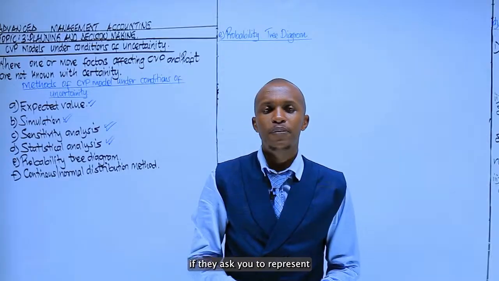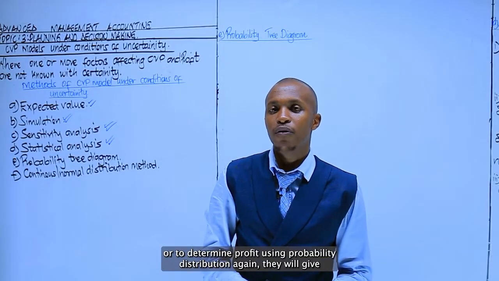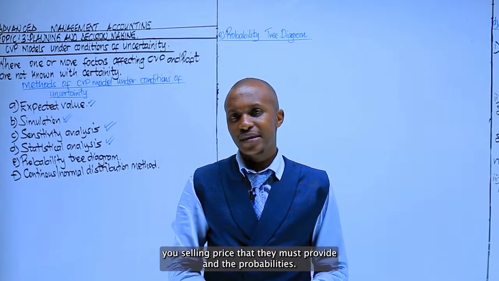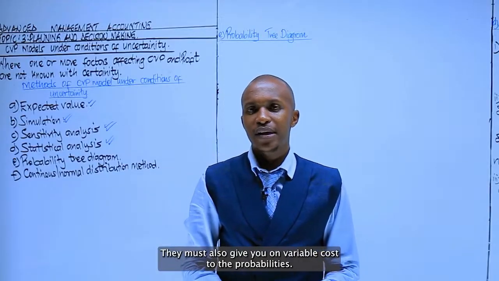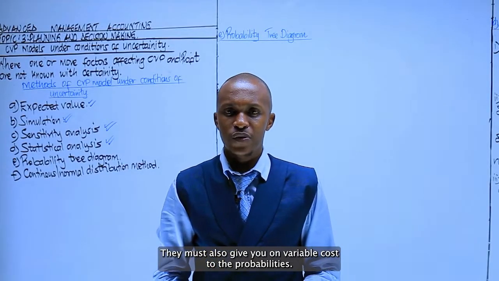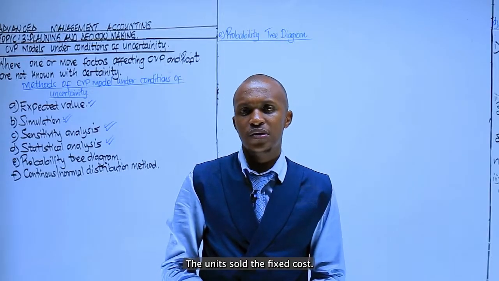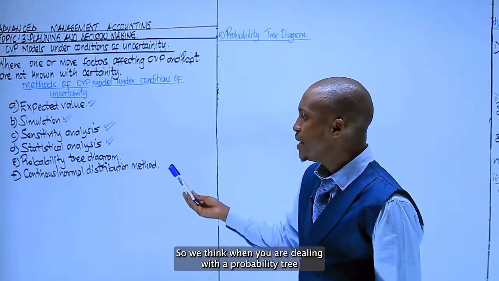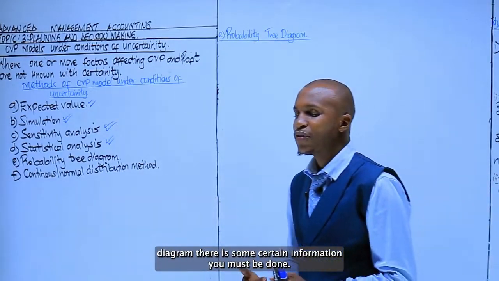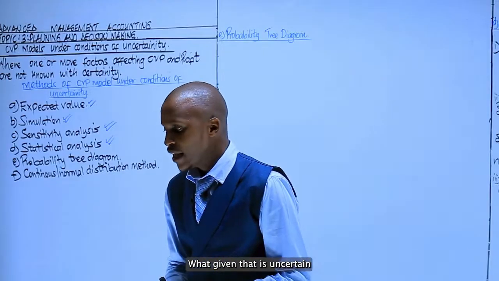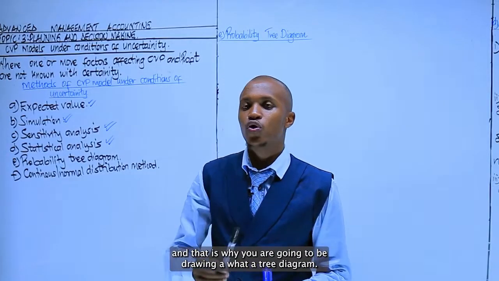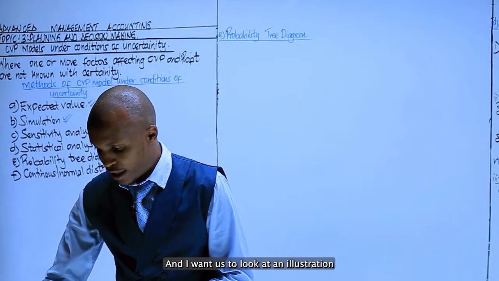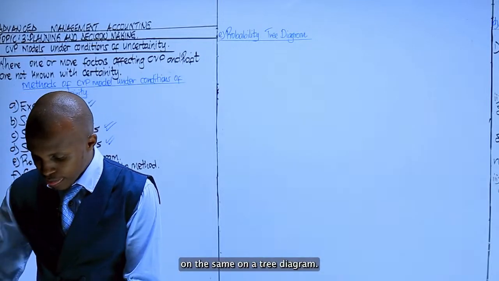If they ask you to determine profit using a probability distribution, they will give you the selling price, the variable cost with the probabilities, the units sold, and the fixed cost. So when you're dealing with a probability tree diagram, there is certain information you must be given that is uncertain, and that is why you're going to be drawing a tree diagram.